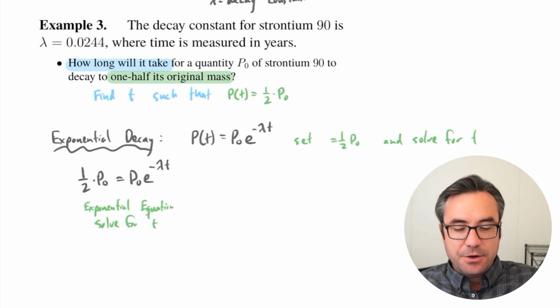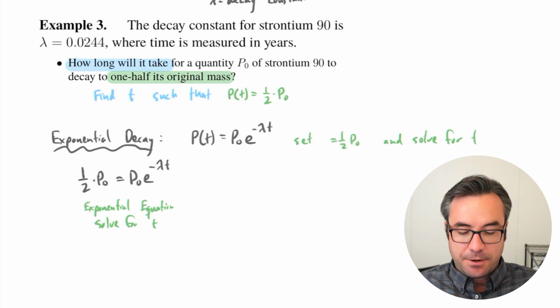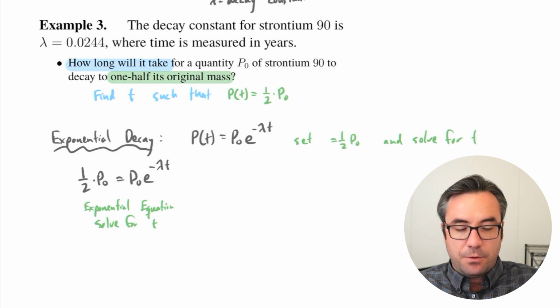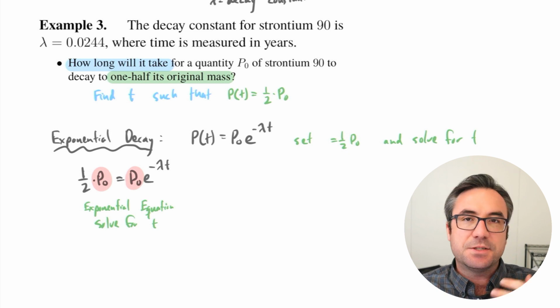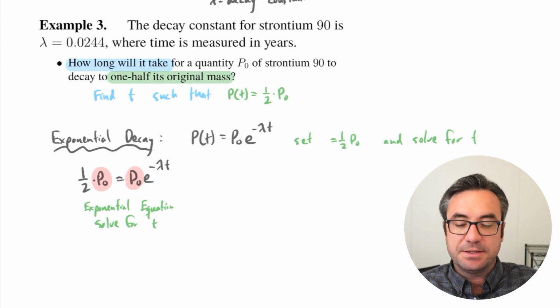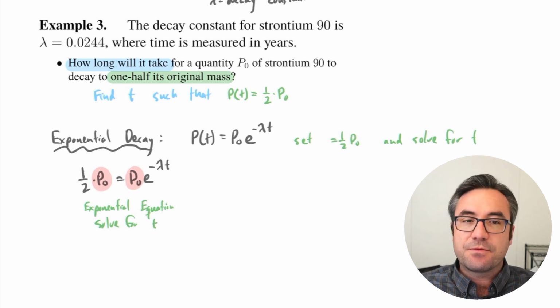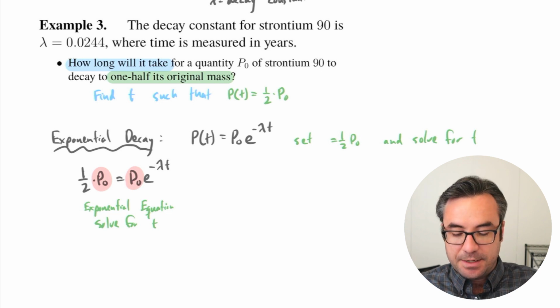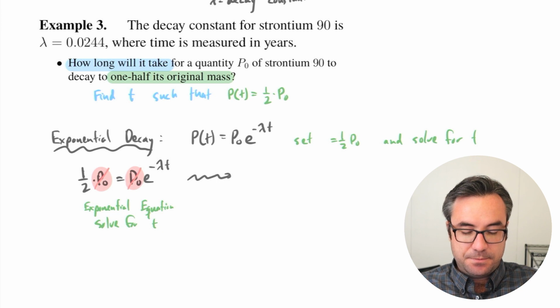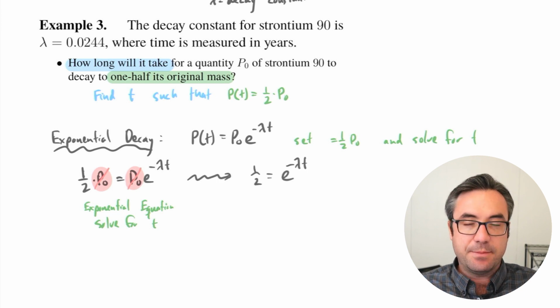So the thing that we can do that might be a little tricky here is, even though we don't know what P0 is, it's just some number. It's some constant. So we can divide it from both sides, and it's going to cancel out. So that's going to give us 1/2 is equal to e raised to the negative lambda times t.